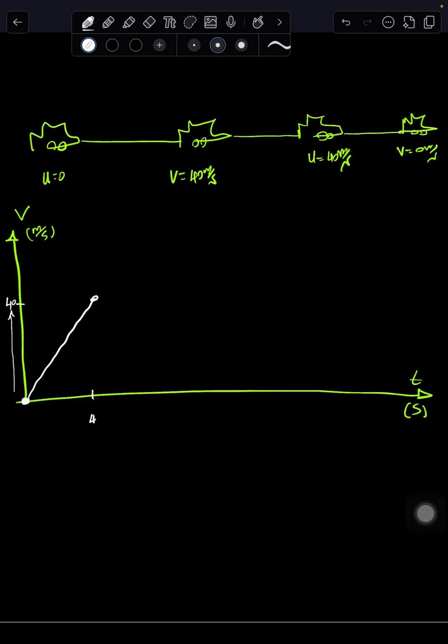Then the driver maintains constant velocity for a certain amount of time before he sees something and hits the brake. Depending on how powerful the brakes are and the condition of the road, the car is either going to slow down quickly, or if the brakes are weak or the road is slippery, it is going to take more time to stop.